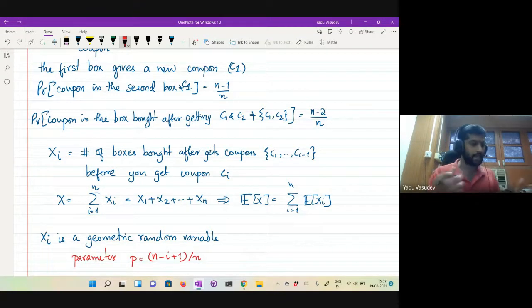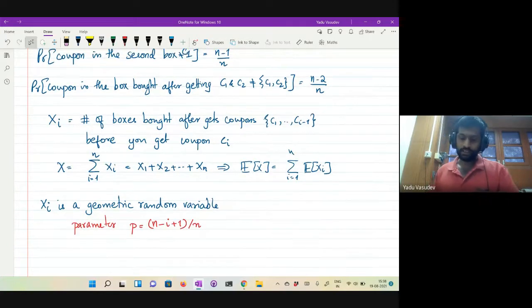Because you've already collected i minus 1 coupons. Now the probability that you get the success is the probability that you will get coupon Ci, and that probability is n minus i plus 1 by n. So you know this is a geometric random variable with parameter p. Therefore, you can conclude with the analysis that you have done already.